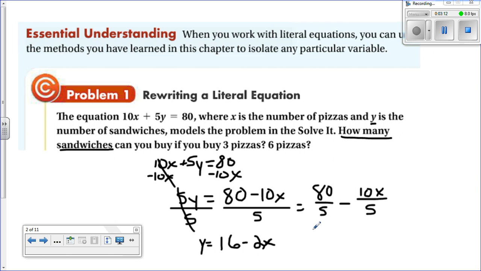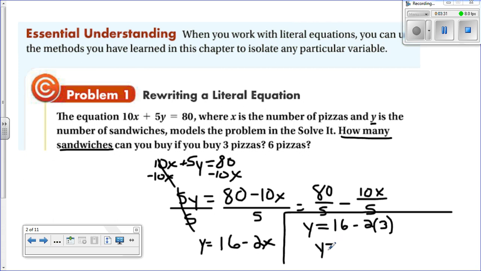So let's do it for 3. If we did y equals 16 minus 2 times 3, we would get 16 minus 6, which is 10. And that means you could buy 10 sandwiches and 3 pizzas and still spend $80.